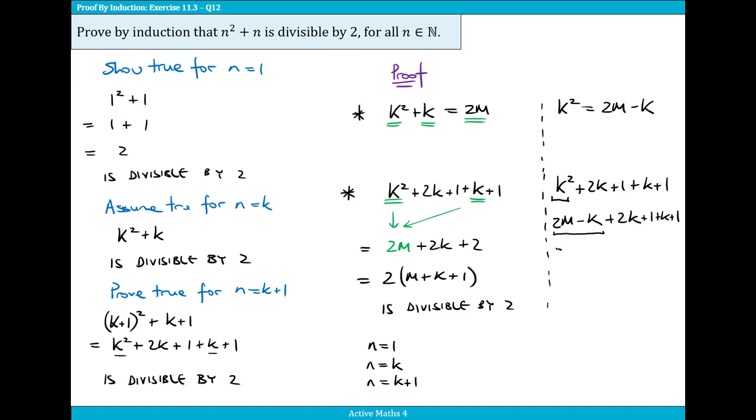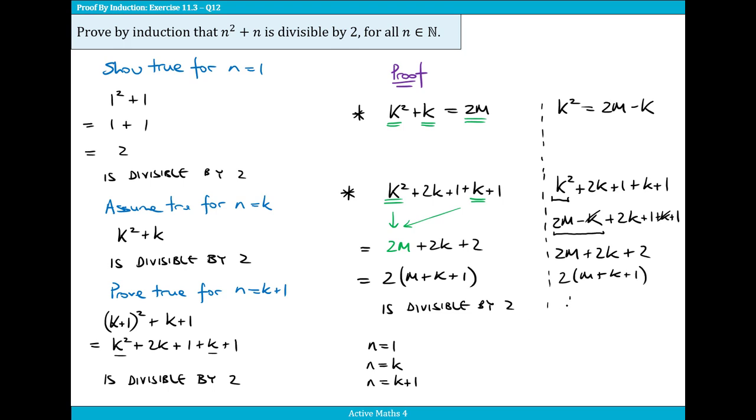I'm going to tidy this up, so this is 2m, and the k and that k cancel, so it's plus 2k, and then plus 2. You end up with the same thing, and we can factor out the 2, so 2 times m plus k plus 1, and we get the same result.